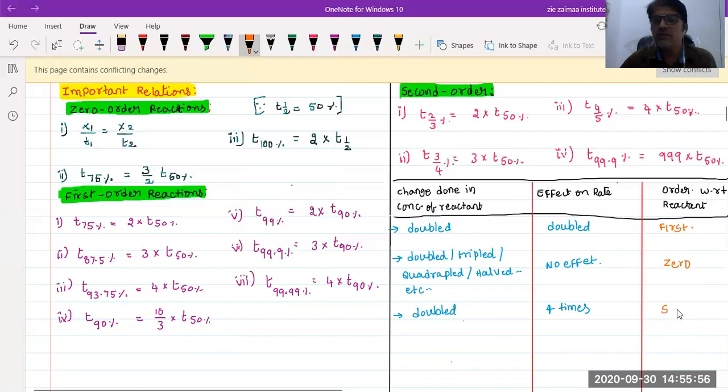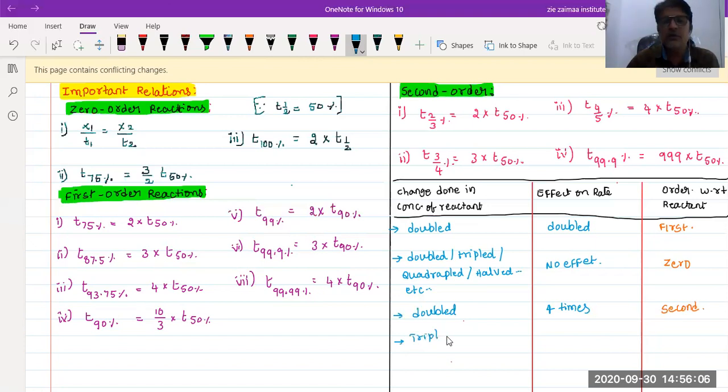Next, if the concentration of reactant is tripled, and the rate increases 9 times, then that is also second order.